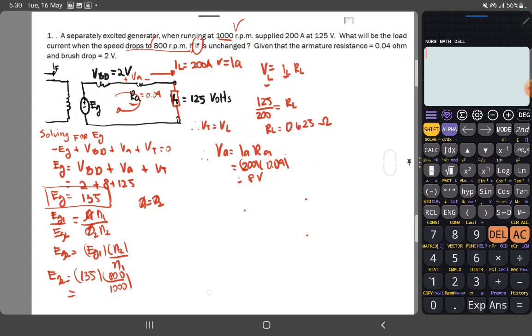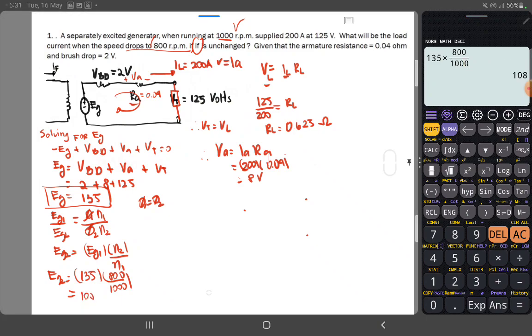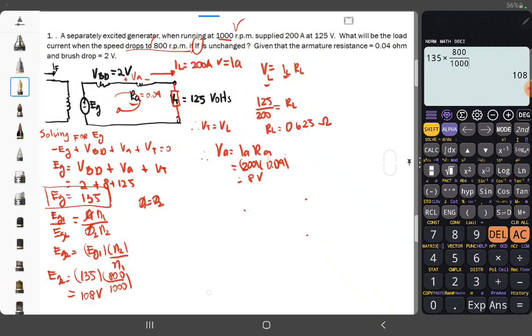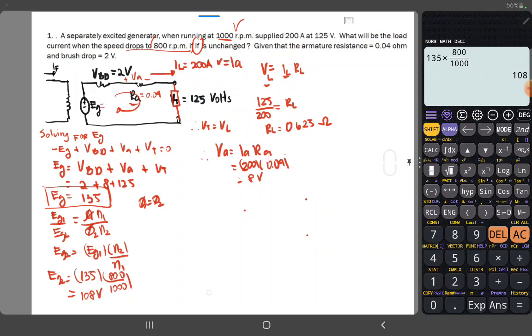So therefore we'll have 135 multiplied by 800 divided by 1000, which will yield 108 volts. Now since we have our 108 volts at EG2, okay, so therefore this will be 108 volts.